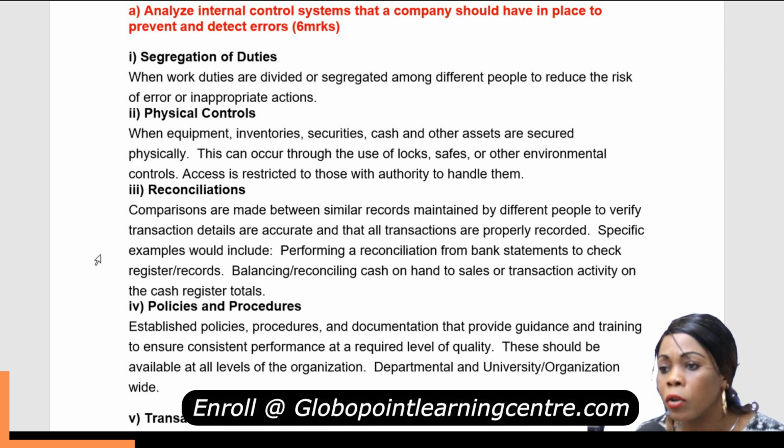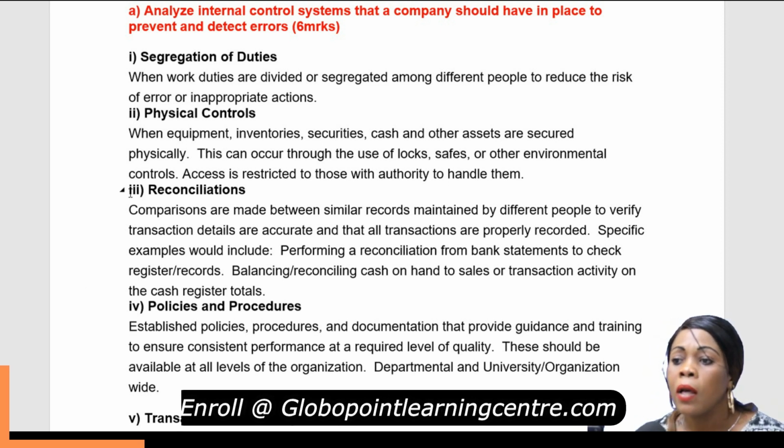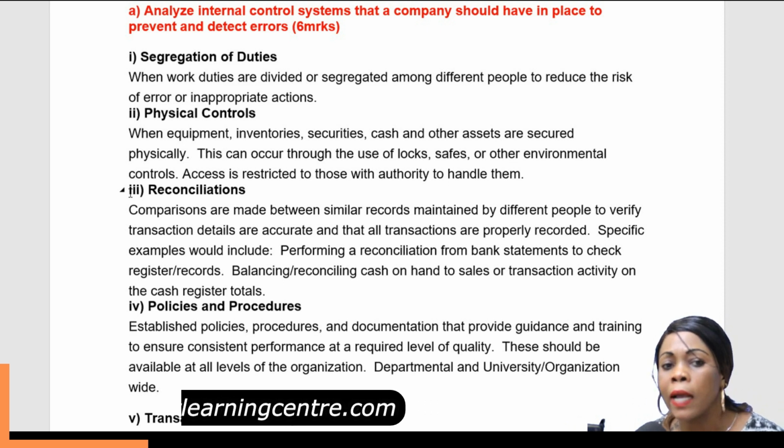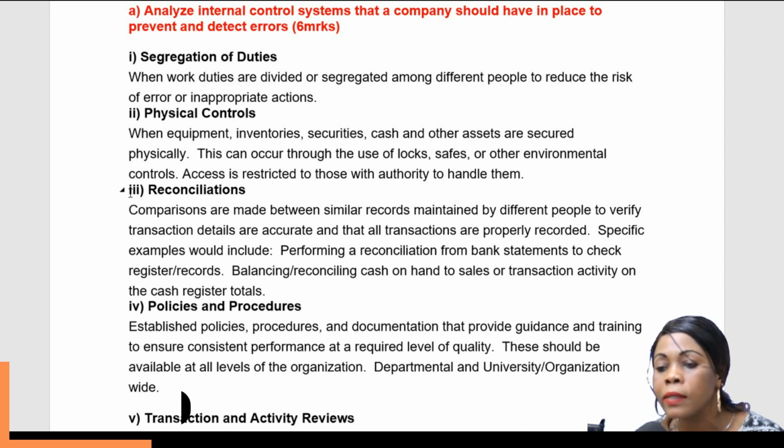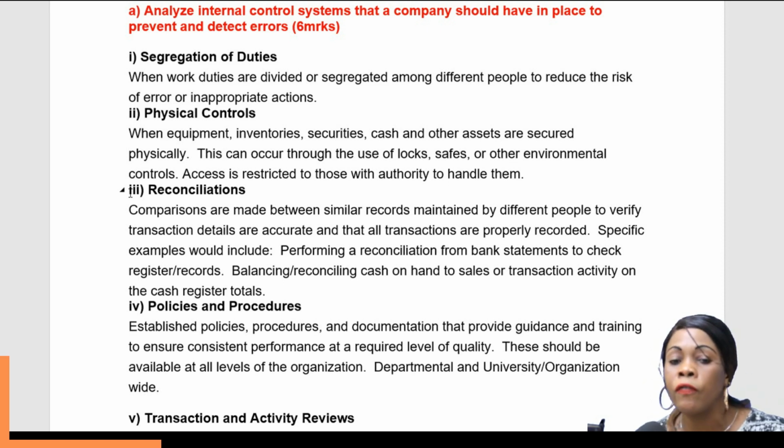Another internal control system is physical controls. This is when the equipment and inventories or securities, cash and other assets are secured physically. Okay, this can occur through the use of locks and safes or other environmental controls.